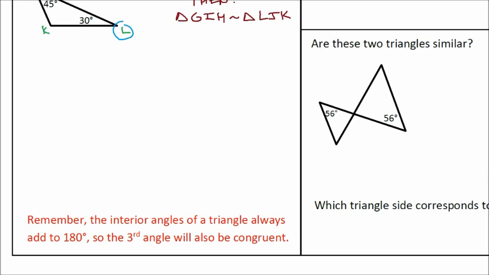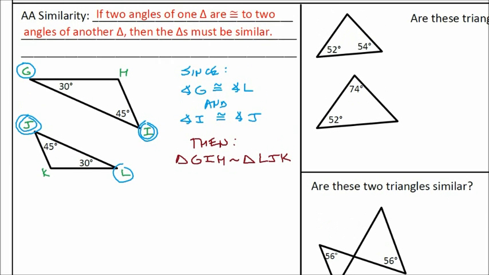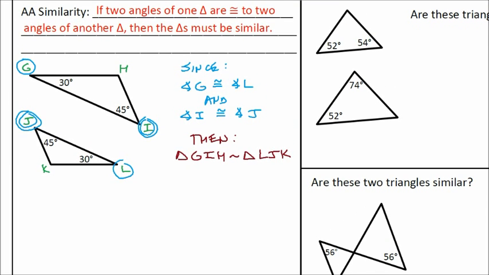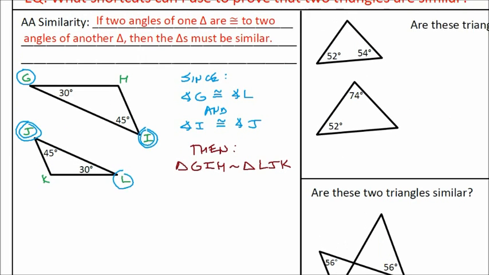That means, technically, we know that H and K are also congruent to each other, but we don't have to call it angle, angle, angle, because two angles are enough to prove similarity. The third angle we automatically know has to be congruent, because all three of these angles have to add up to 180. All three of these have to add up to 180, which means H and K will be the same angle measure.